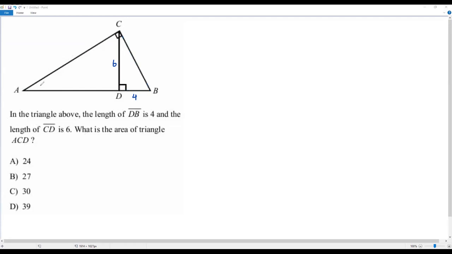Both these right triangles, the right triangle ACD and the right triangle BCD, will be similar to the original right triangle ABC. Now let me compare the right triangle ACD with the original right triangle ABC. That is, I am going to write the similarity statement for these two triangles.